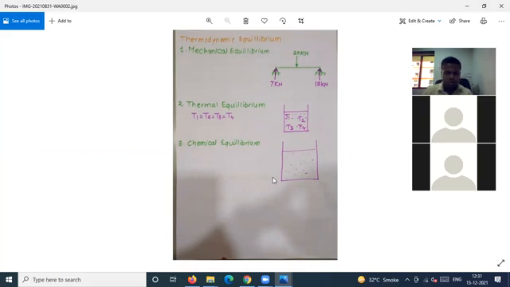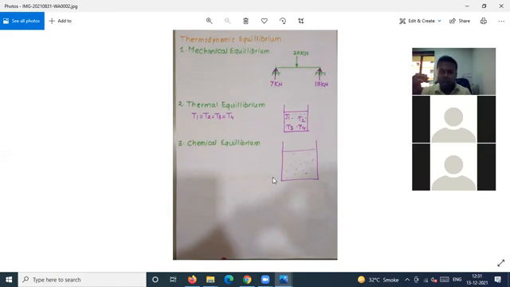Okay, now let us move to the next point. What is called thermodynamic equilibrium? You can say that one body is in thermodynamic equilibrium with another body only and only when it is in mechanical equilibrium, in thermal equilibrium, and in chemical equilibrium with that other body.